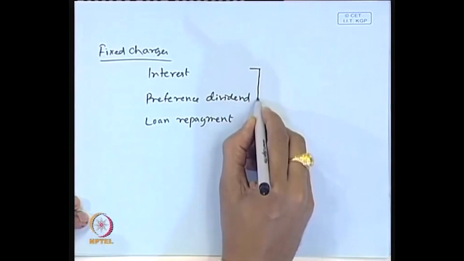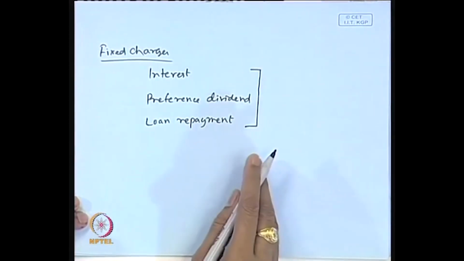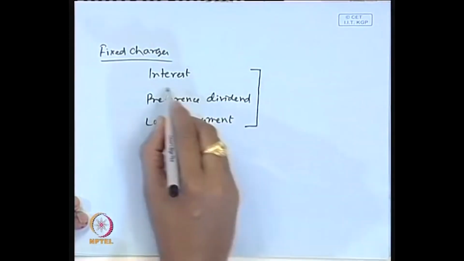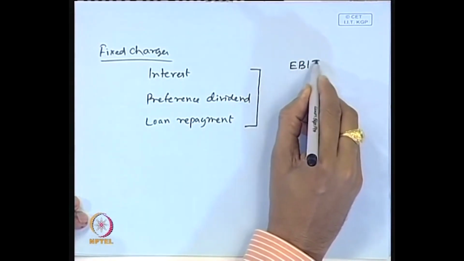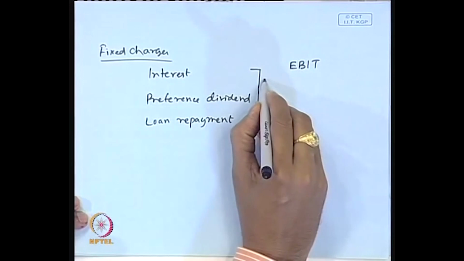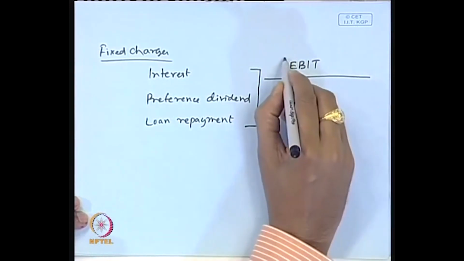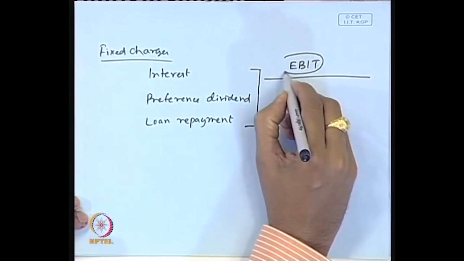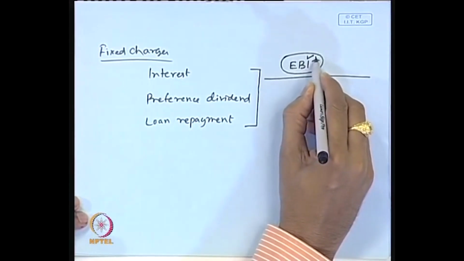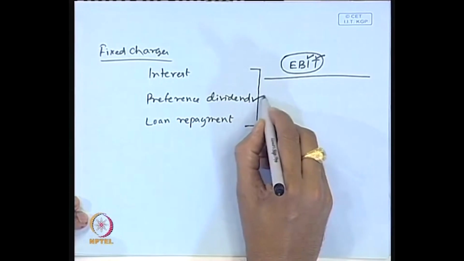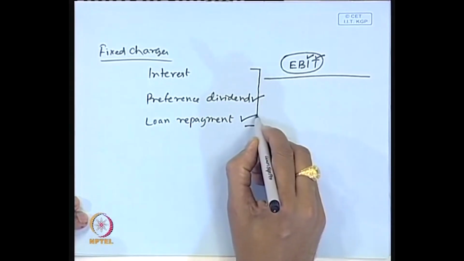So, instead of taking only interest in the denominator, one can take all fixed charges, and in this we have earnings before interest and tax as the numerator. At the end of the day, the company has to earn enough operating surplus to take care of interest, tax, preference dividend, and loan repayment.